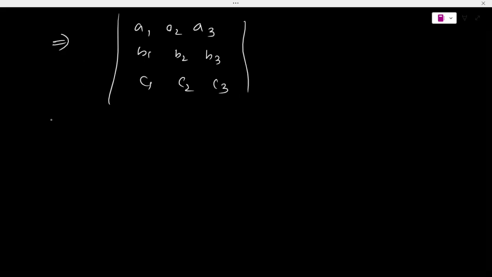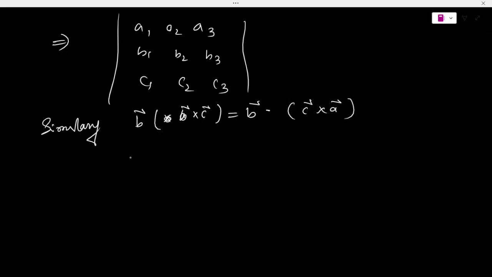Similarly, for b vector cross c vector, it will be b vector dot c vector cross a vector, and it will also be c vector dot a vector cross b vector.